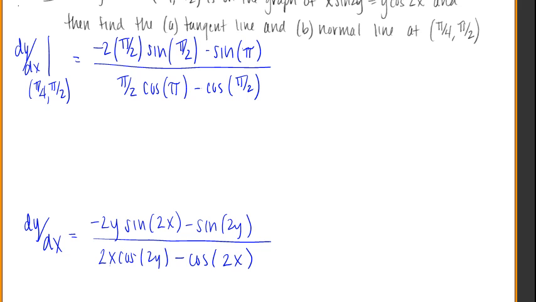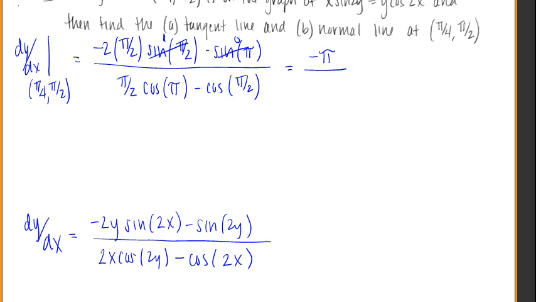Alright, so let's go back into our trig and actually solve this out. What is the sine of pi over 2? Well, the sine value at pi over 2 is 1, and then the sine value at pi is 0, so that's going to go away. So there in the top, we're just going to get negative 2 times pi over 2, which is negative pi, times 1, which is negative pi.